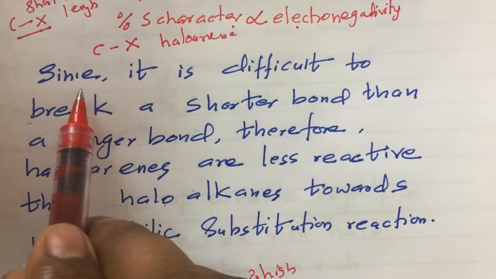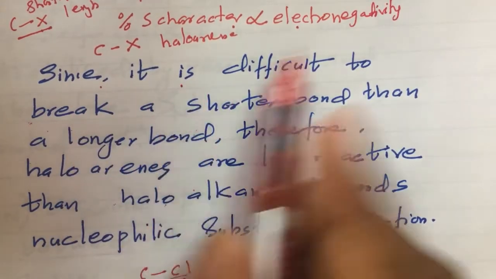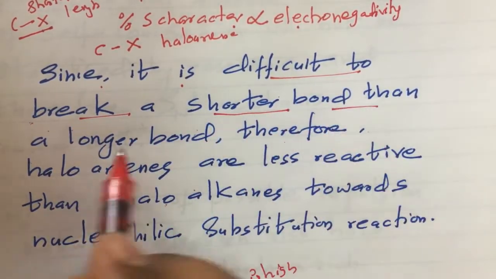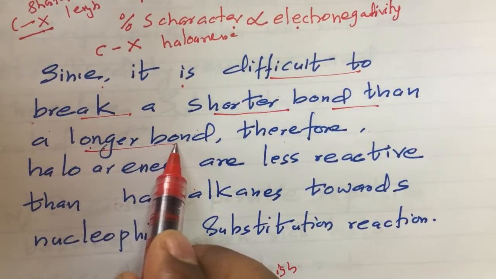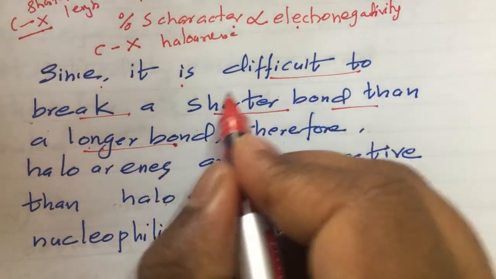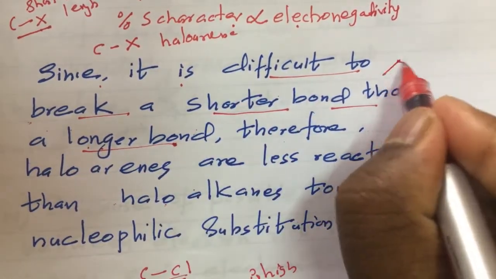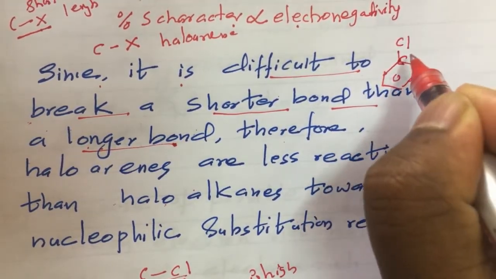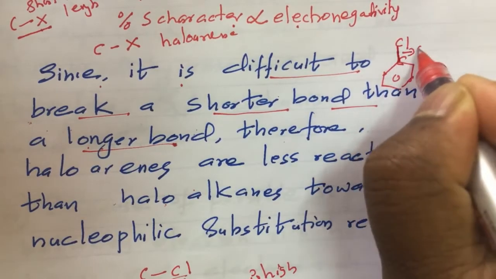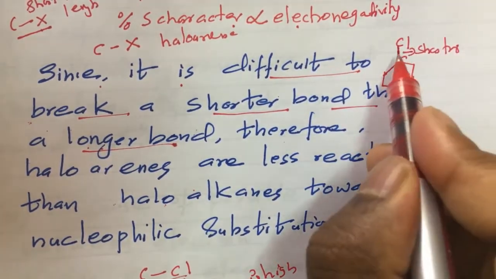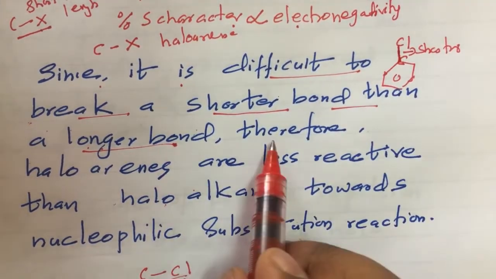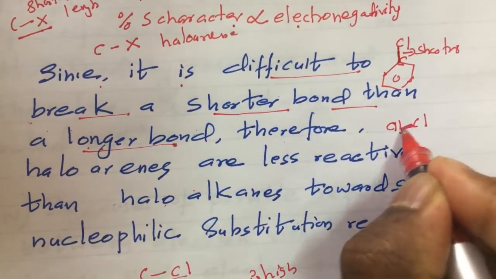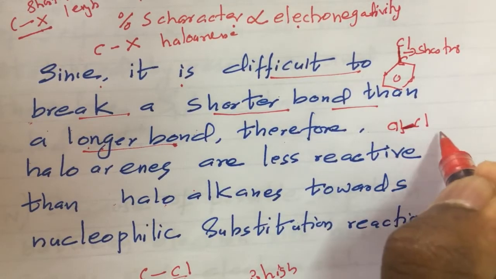Okay, let's read the statement. Since it is difficult to break shorter bond than longer bond, in haloarenes, due to high S character, C-Cl bond is shorter, so this bond is difficult to break than longer bond in alkyl halide, and this bond length is larger, so it is easy to break.